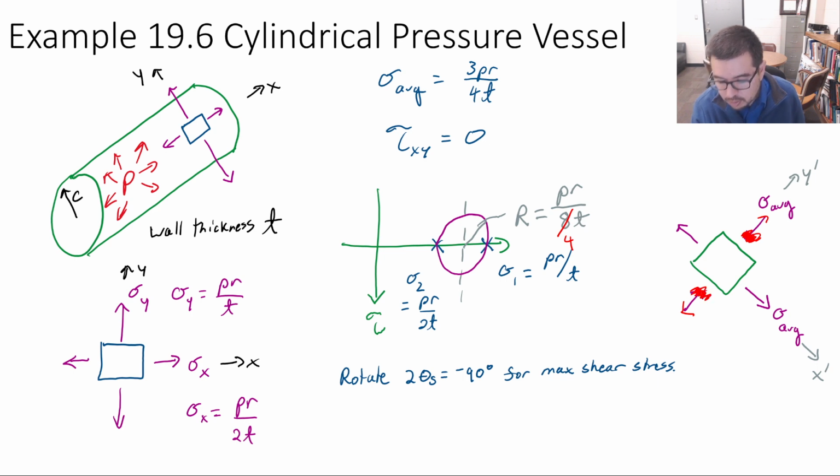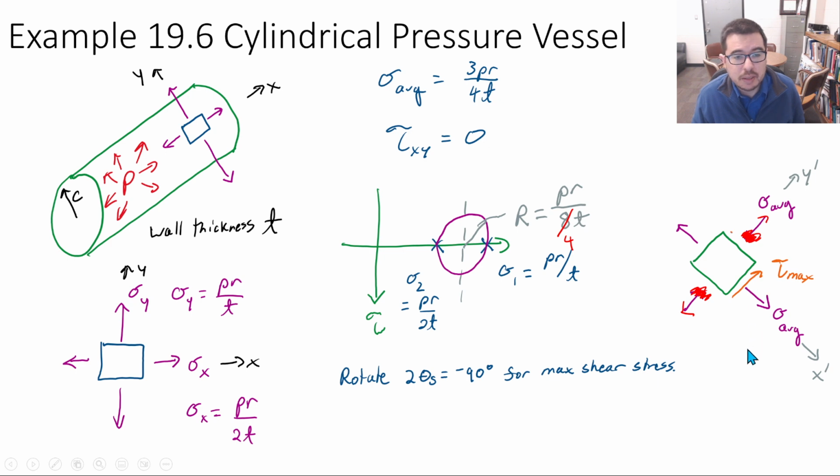The average stress is the same, because it's vertical like we have here. And the maximum shear stress we're defining as down here, so it's positive.